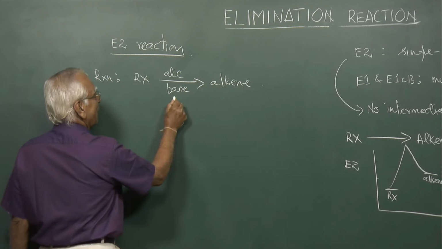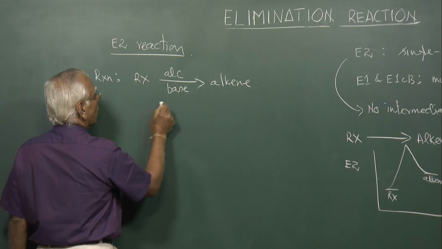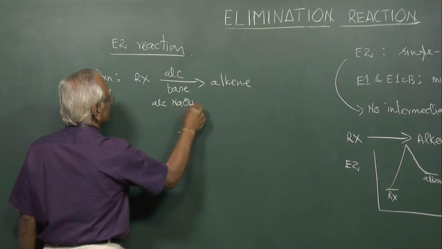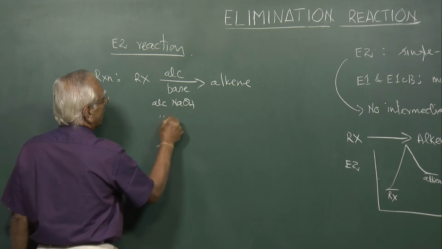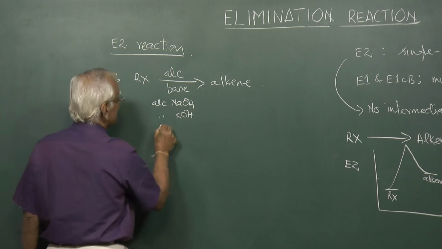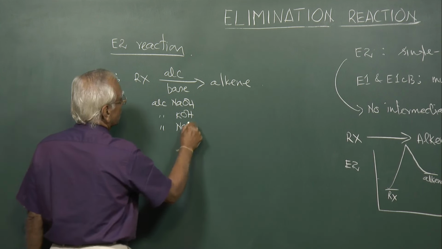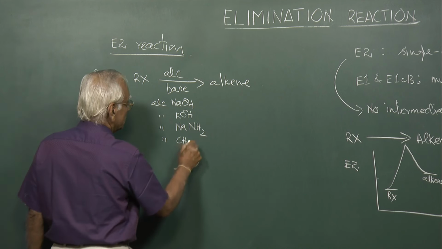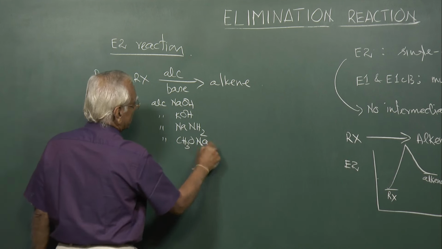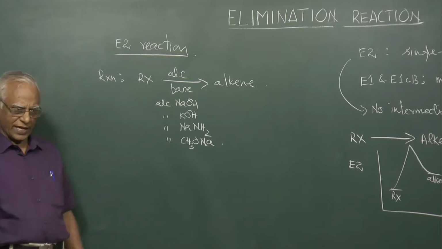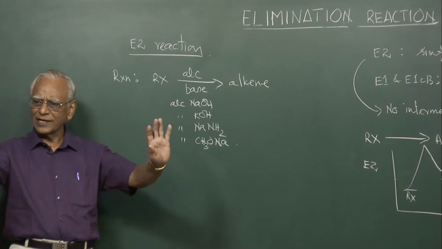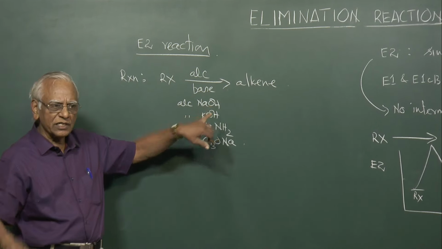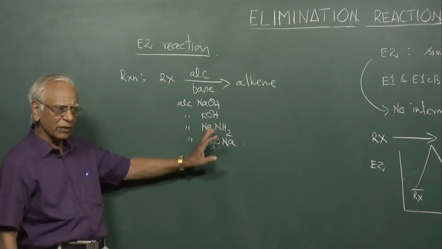The alcoholic base could be alcoholic NaOH, alcoholic KOH, alcoholic sodamide NaNH2, or sodium alkoxide. Sodium alkoxide dissolved in alcohol, all of them dissolved in alcohol. Aqueous KOH is dissolved in water. It is soluble both in alcohol and water.